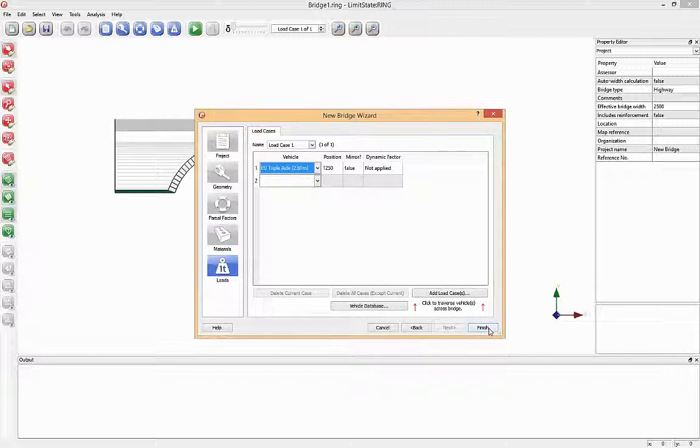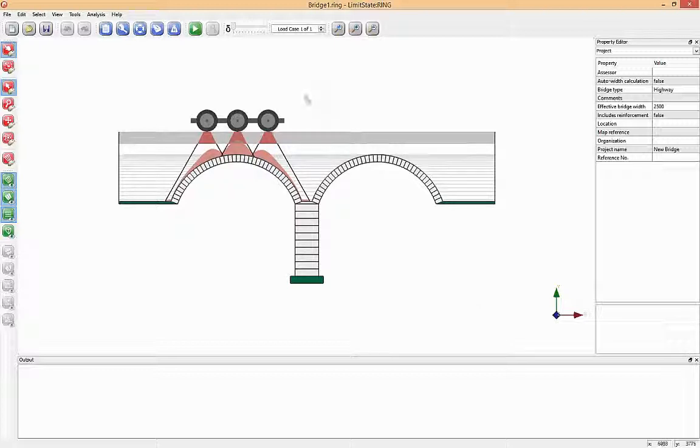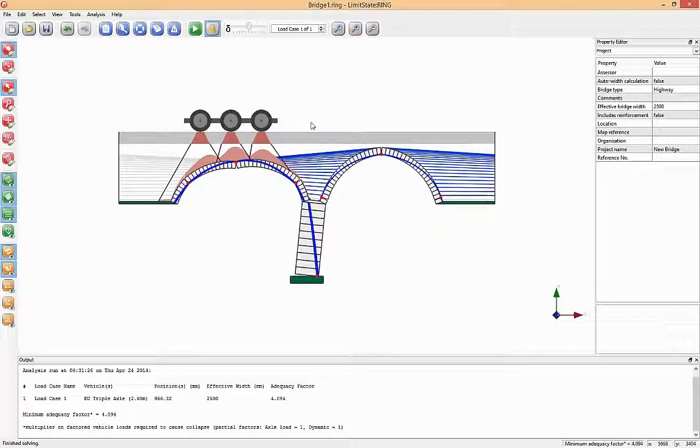If I click finish, then basically I've got a bridge with a load, and in the normal mode, what happens is that the load on the bridge is multiplied up until failure is identified, and then the multiplier required to cause failure is reported. So that's the adequacy factor.